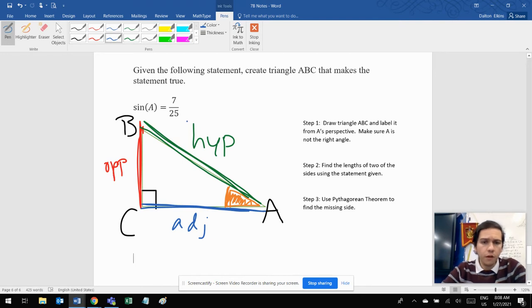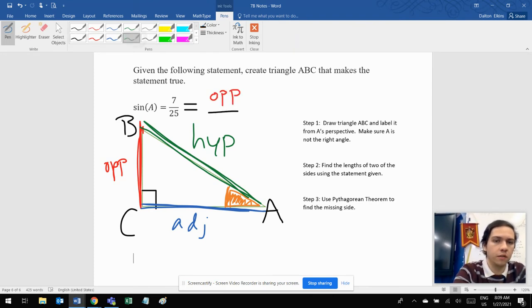Okay. Now, step 2, once you're done with this, you can use this statement to find two lengths of the sides. So we're given sine, right? If you remember SOHCAHTOA, S-O-H, sine is the opposite side over the hypotenuse.